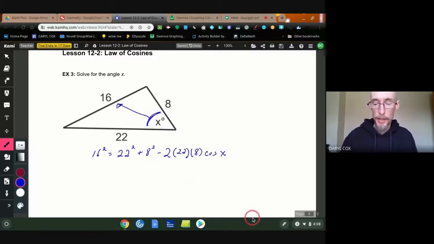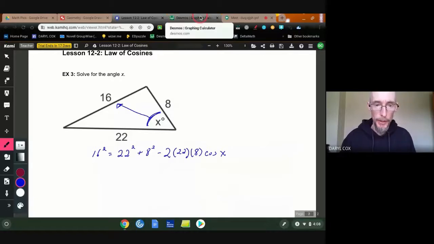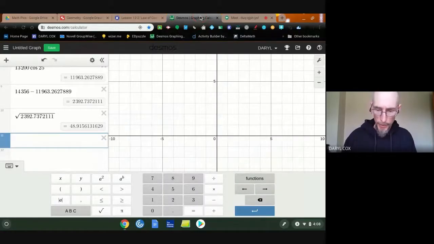Okay, so basically we set up the same formula. The important information in my formula was that since that side is across from the angle, that goes out here. The other two sides go into the rest of the formula spots. Okay, so now it's just a matter of calculating. So let me pull up my calculator here. I'm going to try to minimize this a little bit so we can see both things at one time.